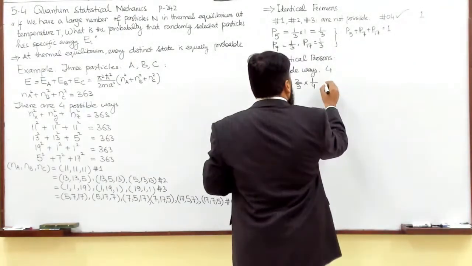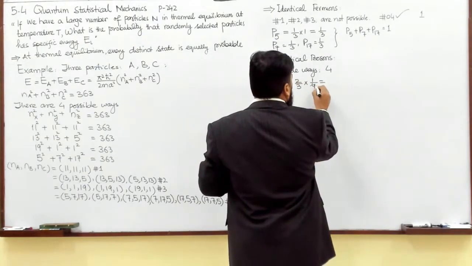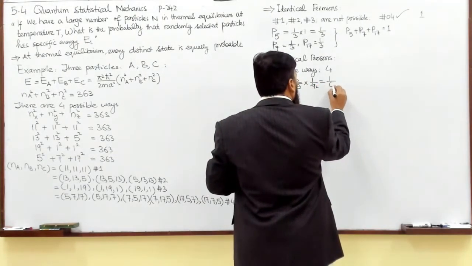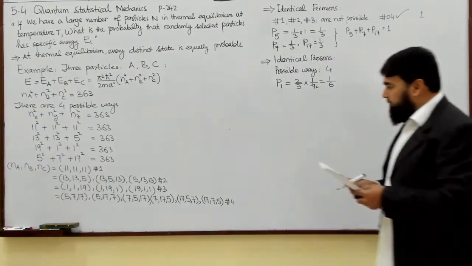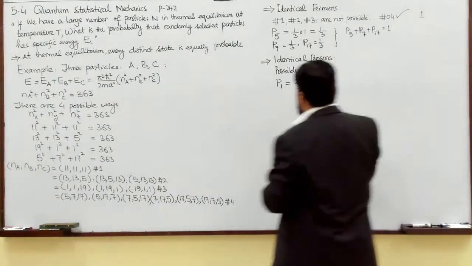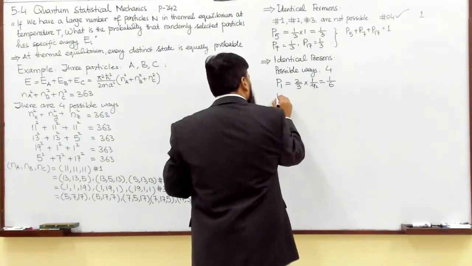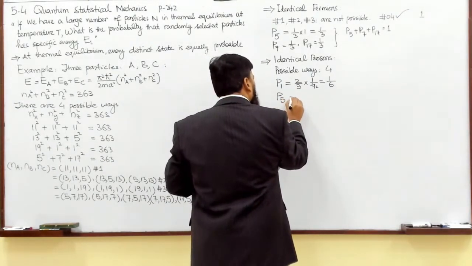And this is equal to 2 over 3 times 1 over 4, and 2 simplifies, and we will have 1 over 6 as the probability P1.